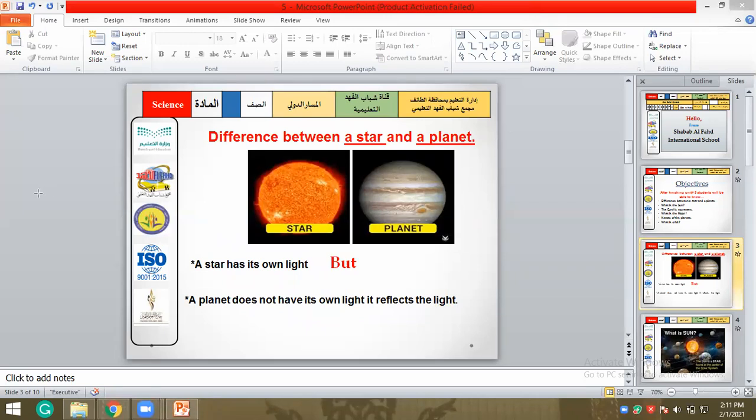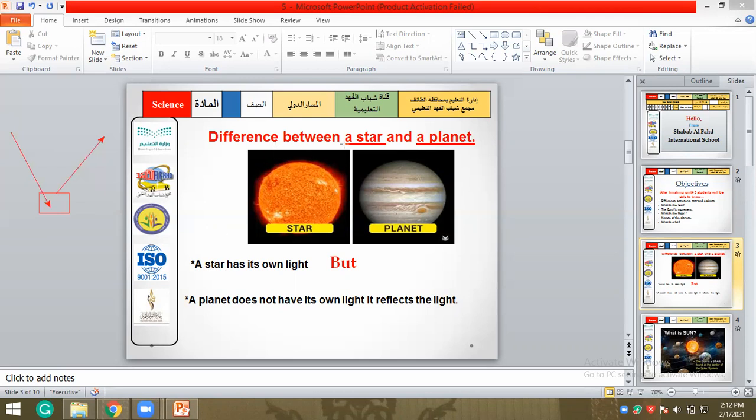Think of a planet which does not have light: the light comes from the star, touches the surface of the planet and then reflects. So we can see the planets like this. This is called reflection.